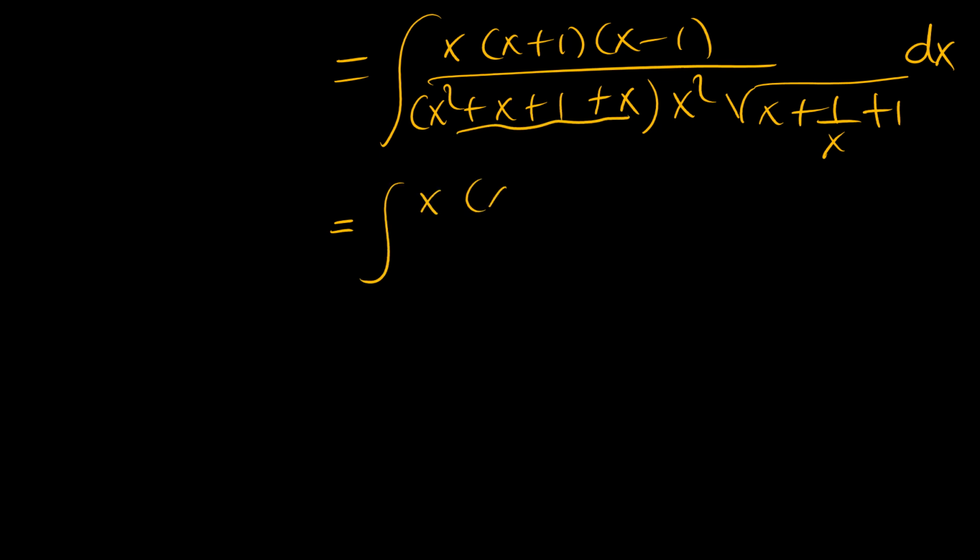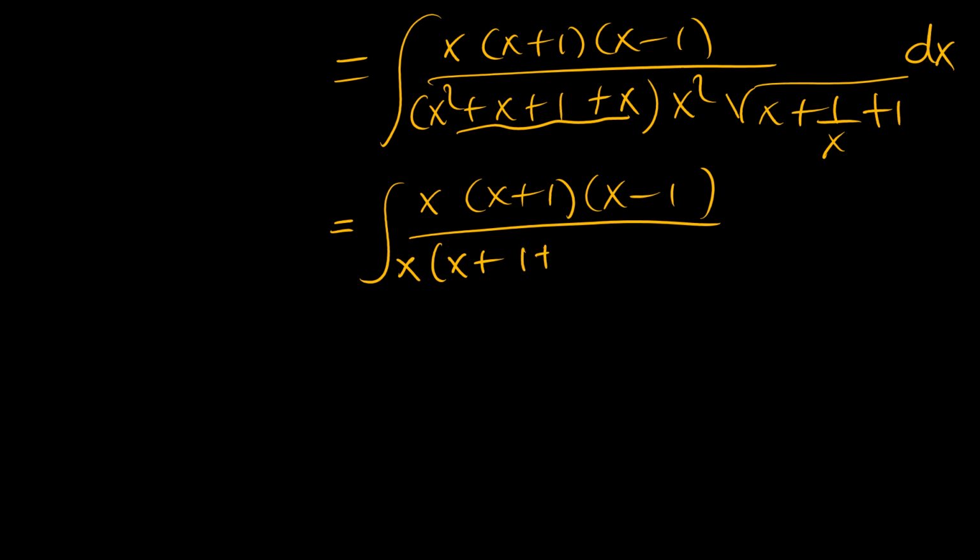So I have x plus 1, x minus 1, pull x out, I get x plus 1 over x. We've made a small errata there, so I need to delete this.